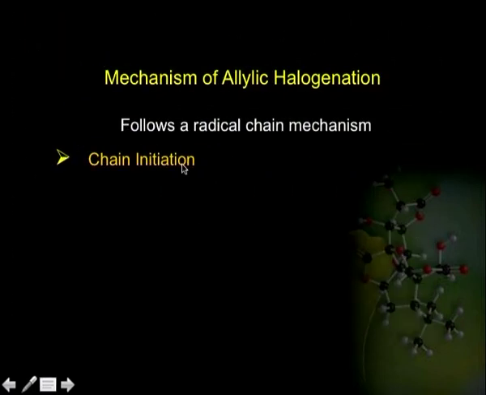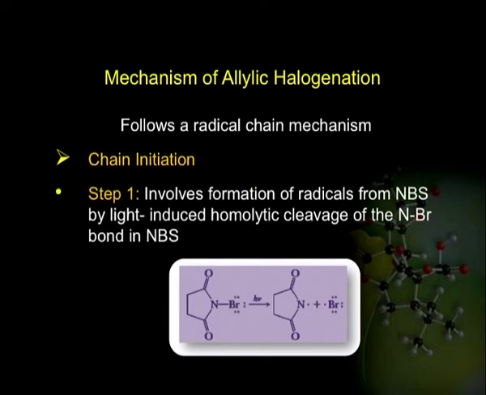If we look into the mechanism of allylic halogenation, we will find that it also follows a radical chain mechanism, where chain initiation is the first process of this mechanism, and the first step involves the formation of radicals from N-bromosuccinimide by light induced homolytic cleavage of the N-Br bond, which is present in this N-bromosuccinimide molecule. So, this is the radical which gets created.